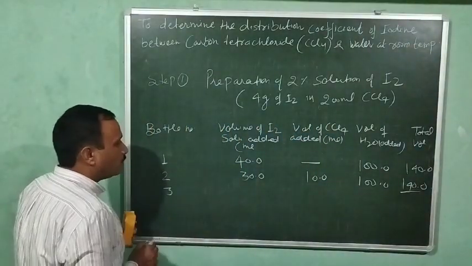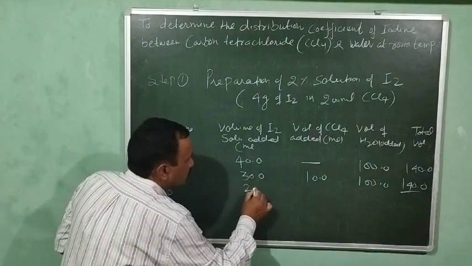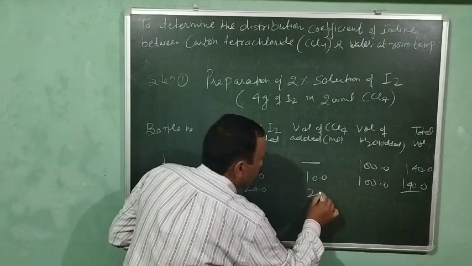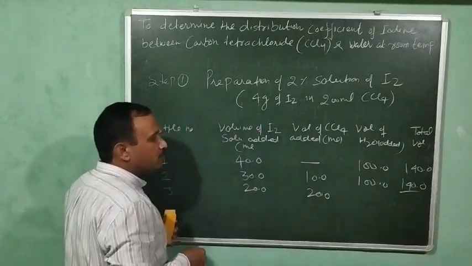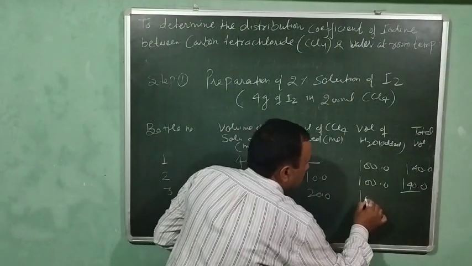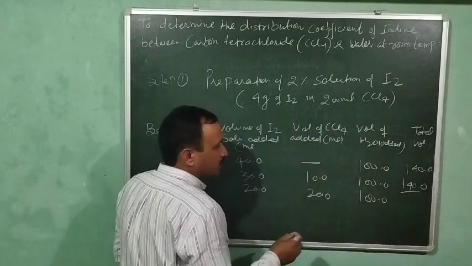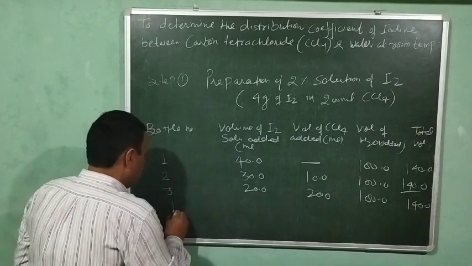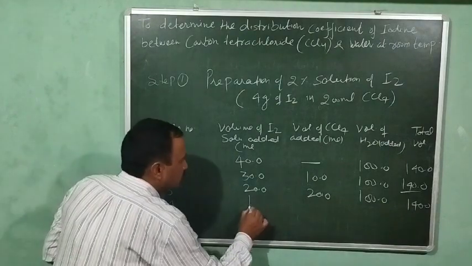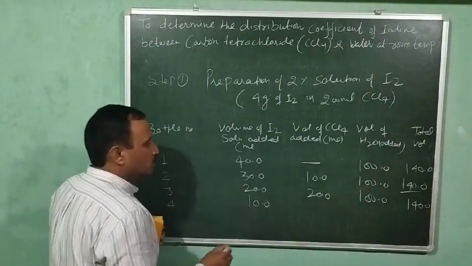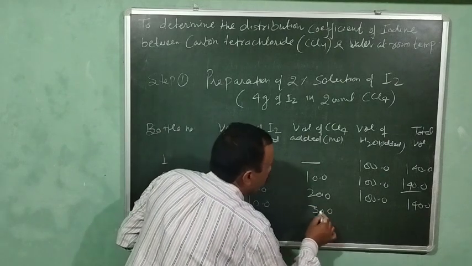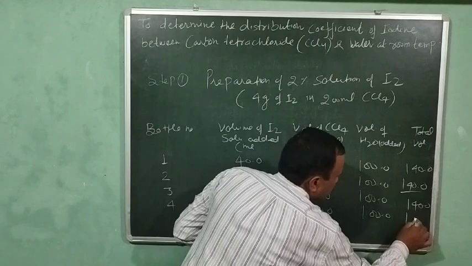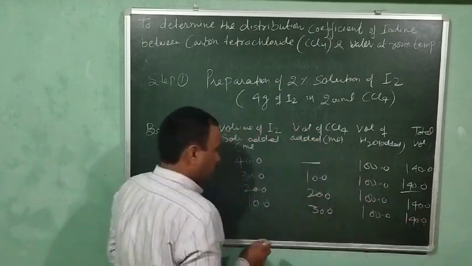In third bottle we will have 20 ml of iodine solution and 20 ml of CCl4, 100 ml of water, and 140 ml is the total volume. And in the fourth and final bottle, 10 ml of iodine solution, 30 ml of CCl4 and 100 ml of water, and total volume is equal to 140.